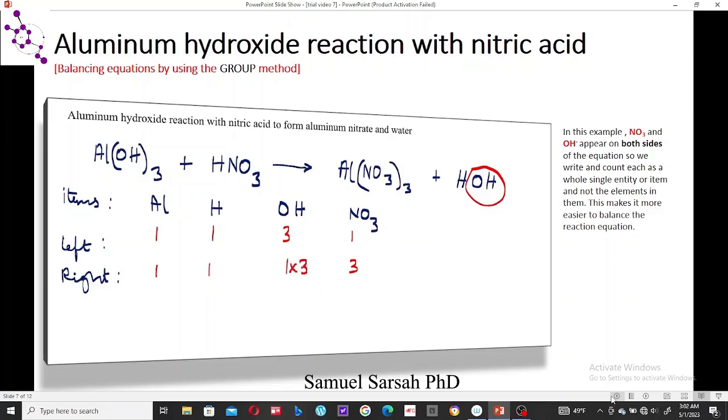And that means that we have to write 3 here. Now this 3 affects this hydrogen too. So that means this hydrogen is not 1 but 3, so we need to multiply this and put it in the equation.